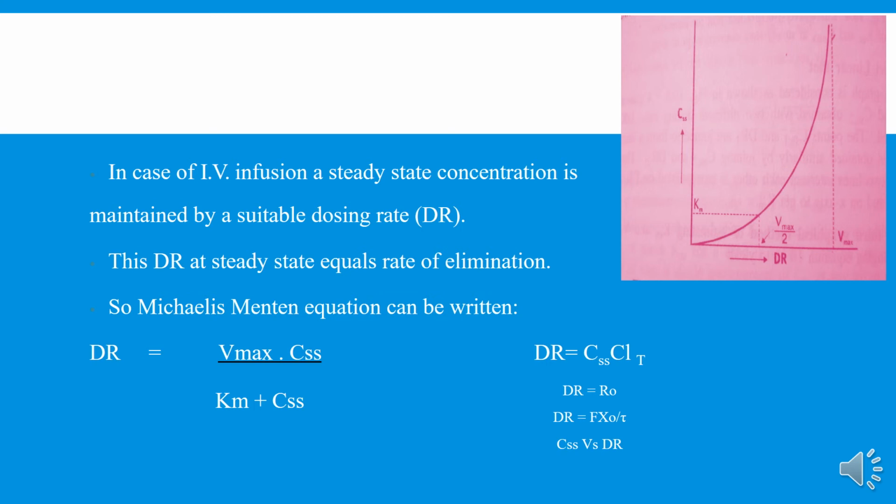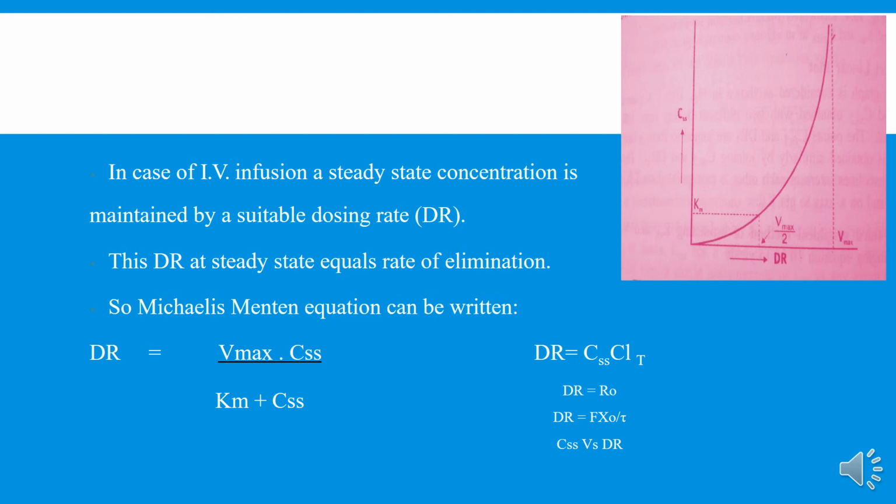So dosing rate DR is equal to Vmax into CSS, CSS meaning steady state concentration, divided by Km plus CSS, where we know DR is equal to CSS into CLT. So in case of IV infusion, DR becomes equal to R0, and DR is equal to, as we already studied, F X0 by tau.